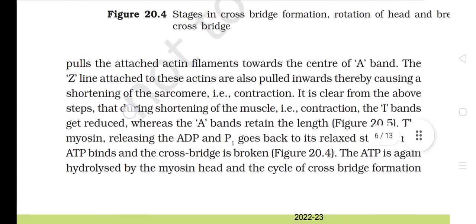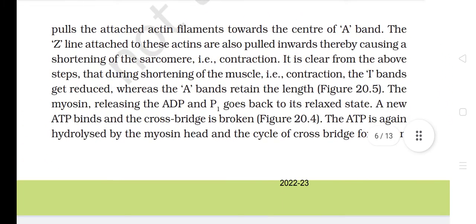This pulls the attached actin filaments towards the center of the A band. The Z lines attached to these actins are also pulled inwards, thereby causing a shortening of the sarcomere, that is contraction. It is clear from the above steps that during shortening of the muscle, that is contraction, the I bands get reduced, whereas the A bands retain the length.